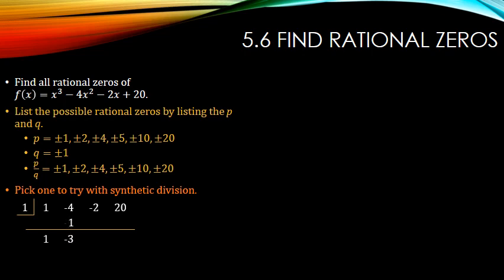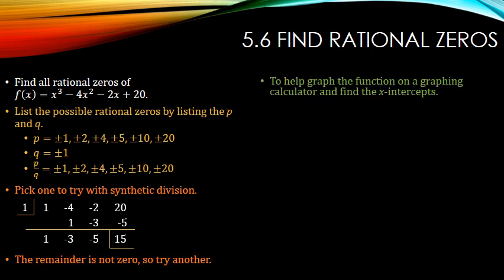Negative 4 plus 1. Then multiply, 1 times negative 3. Then add. Then multiply. Then add. Notice that is not a 0 for the remainder. Thus, 1 is not a 0. The remainder is not 0, so we need to try something else.